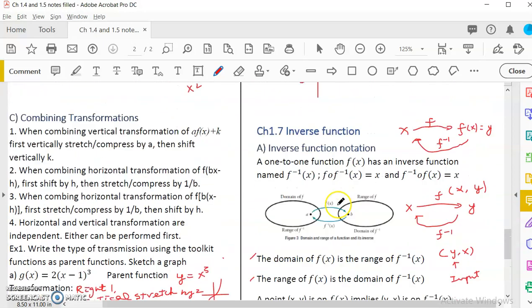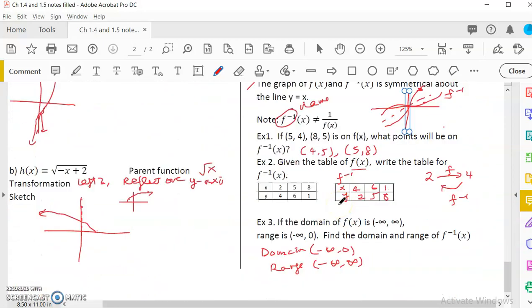So these are the properties of inverse function. Let's do another video that talks about how to find an inverse if I have a function formula.